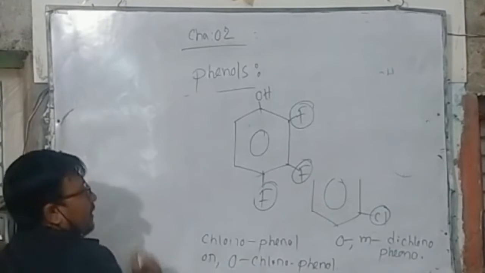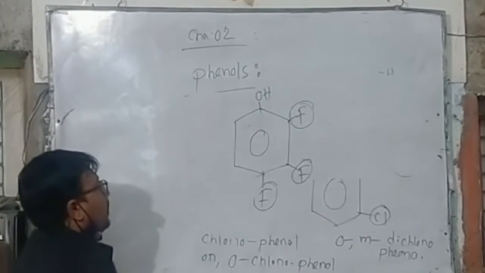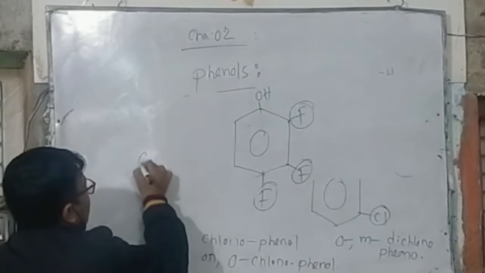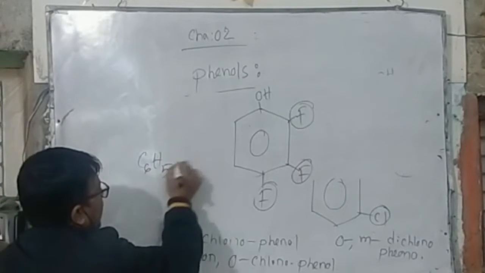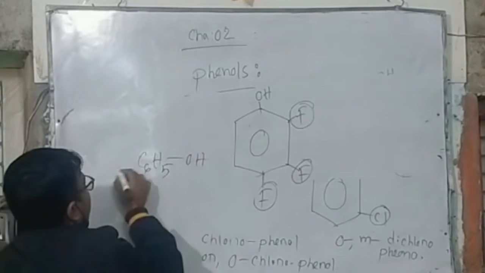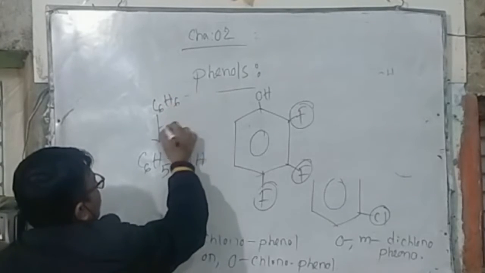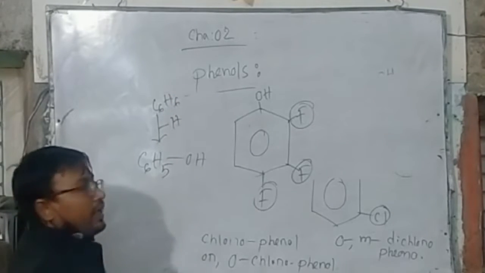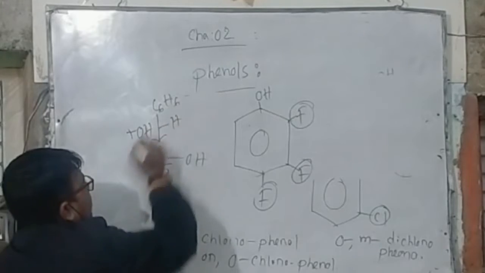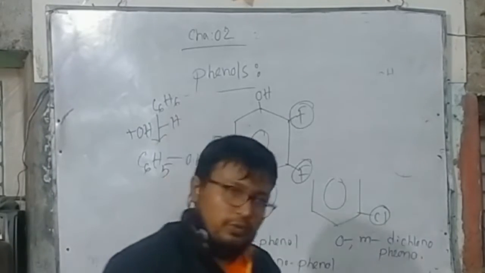Basically, the molecular formula of phenol is C6H5OH. We write C6H6, and just one hydrogen is replaced by a hydroxyl radical, which is known as phenol.